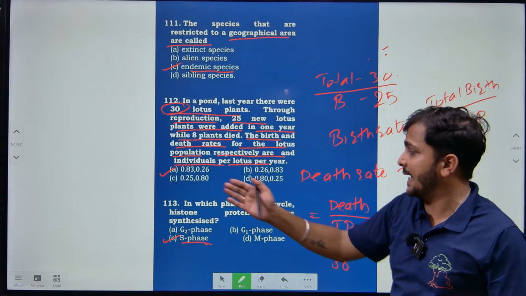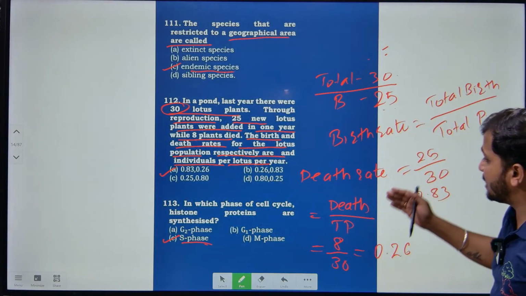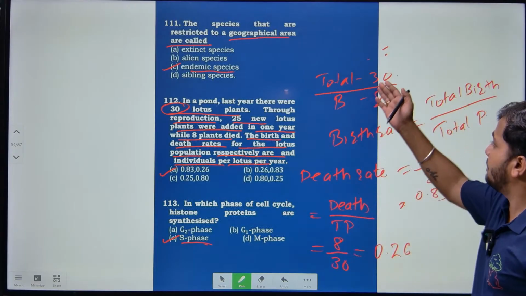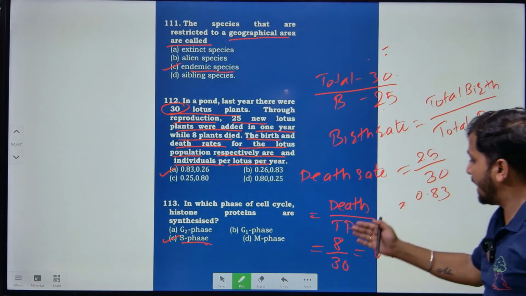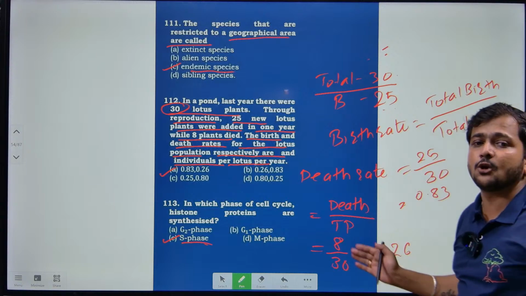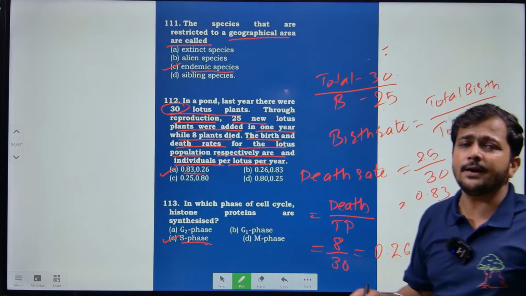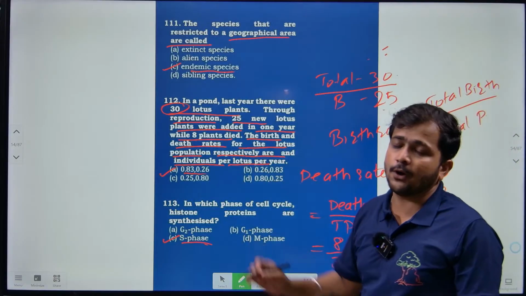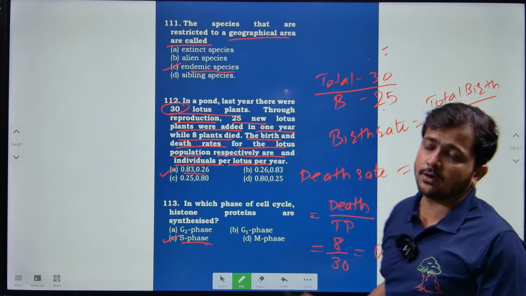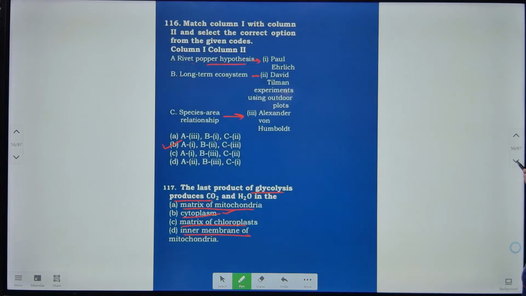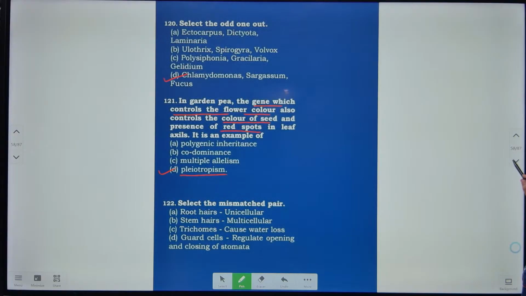Then with respect to the death rate, 8 died, and the total population is 30. So 8 divided by 30 gives me 0.26. So based on that, the answer is 0.83 and 0.26. Hope you understood this, right? We'll go ahead with the left part of this question.